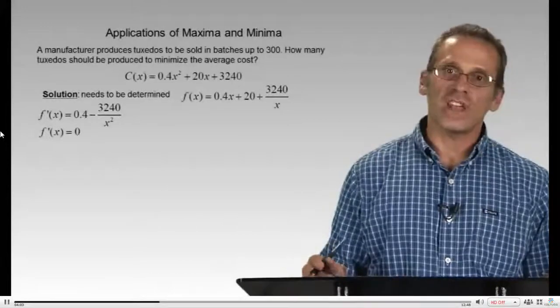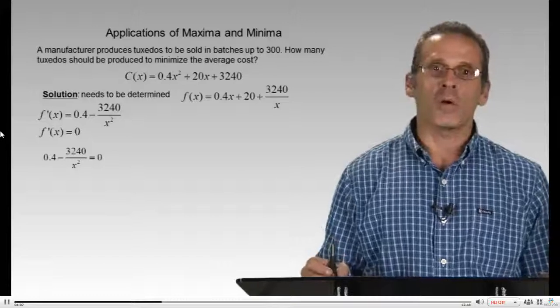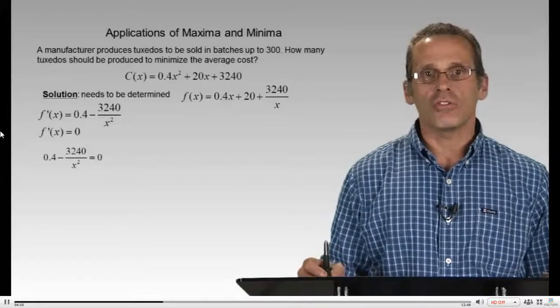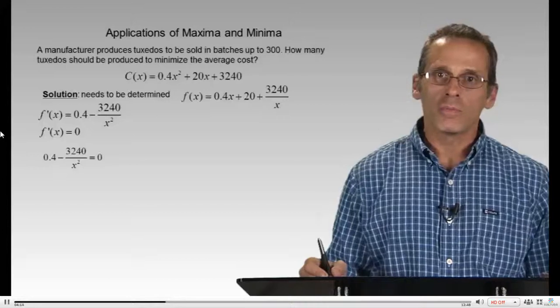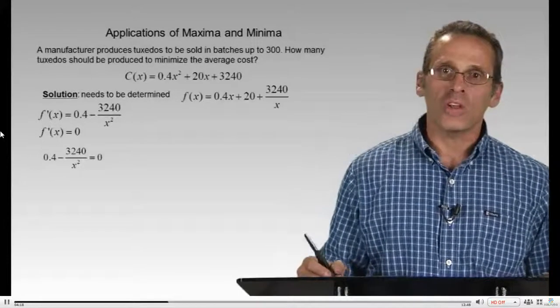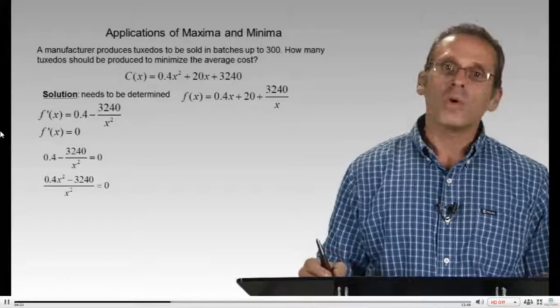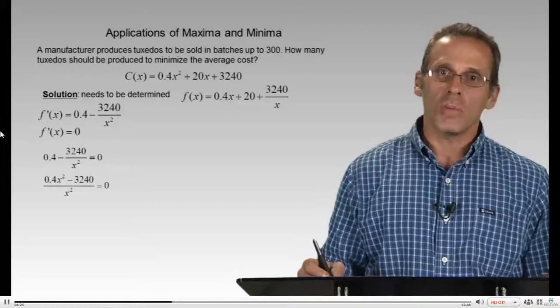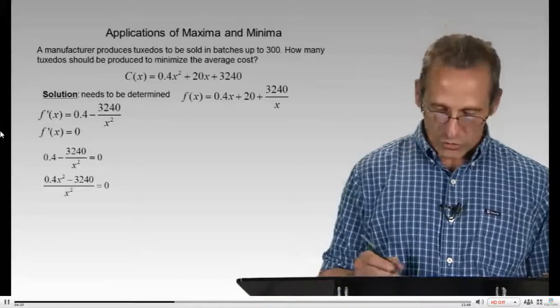Take the first derivative and set it equal to 0. So we have 0.4 minus 3,240 over x squared set equal to 0. Now the goal is to solve for x or see where this first derivative is undefined. We find a common denominator and we pause long enough to realize the first derivative is undefined at x equals 0.